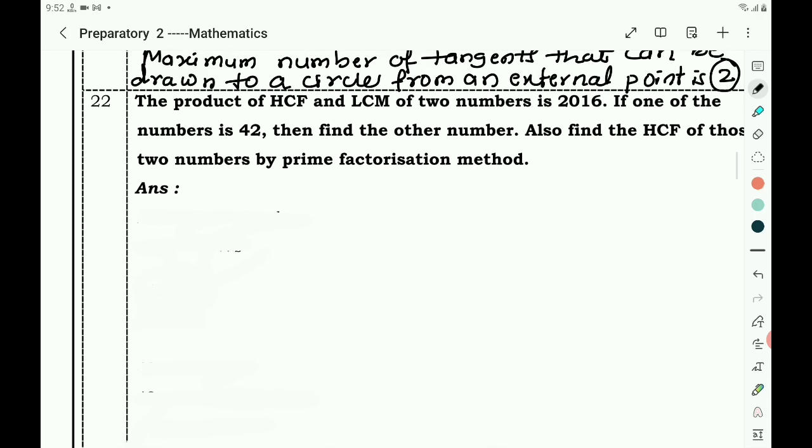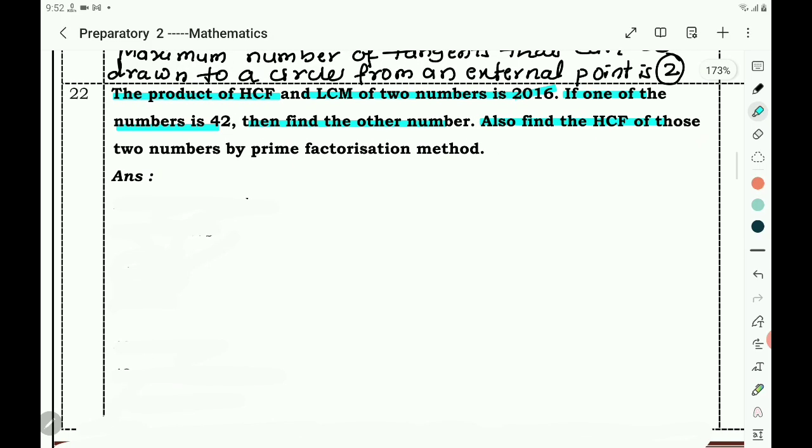Then you take the question number 22. The product of HCF and LCM of two numbers is 2016. If one of the number is 42, then find the other number. Also find the HCF of those two numbers by prime factorization method. Here product of HCF and LCM is given.